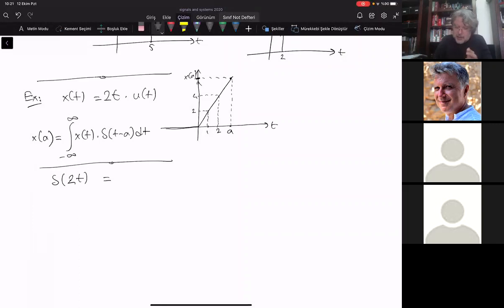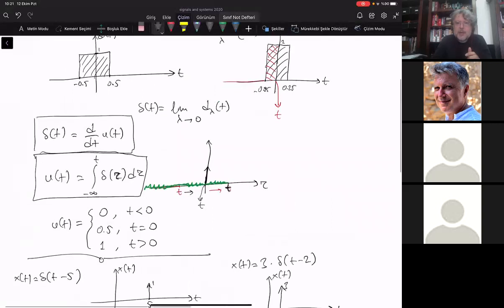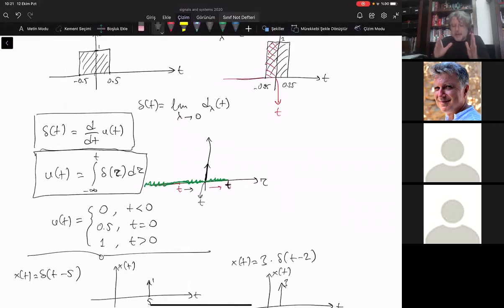But remember these approximations. If you make this one, for example, with an area of 1 underneath, twice narrower, what will be the area underneath? The area will not be 1 anymore, but 1 over 2, because it is narrower with the same height. So when you squeeze in time, you don't really squeeze in time, but actually change the area underneath.